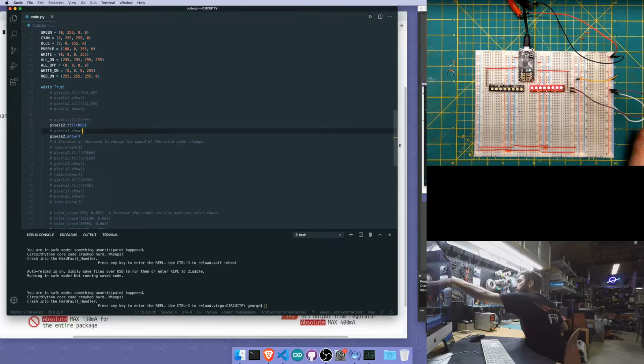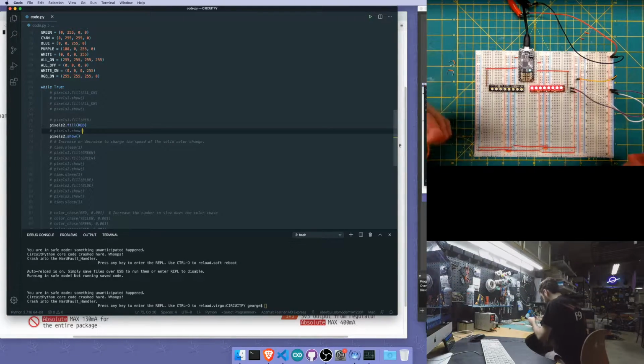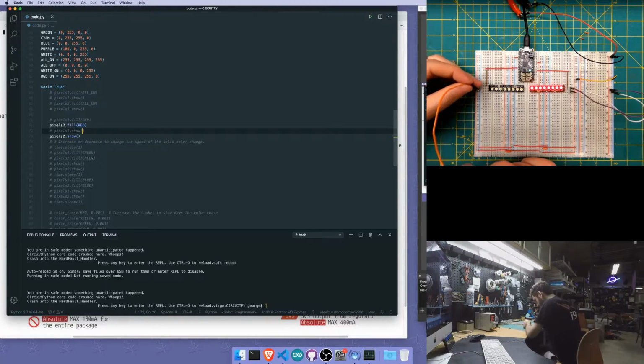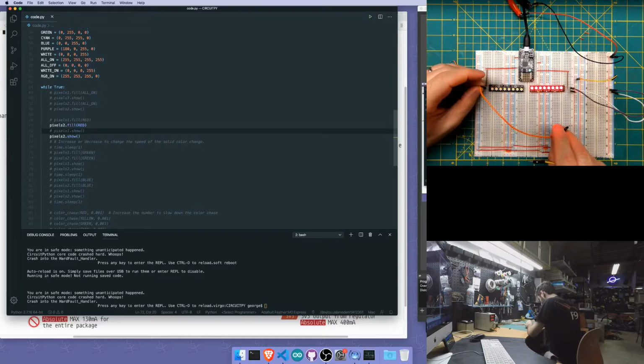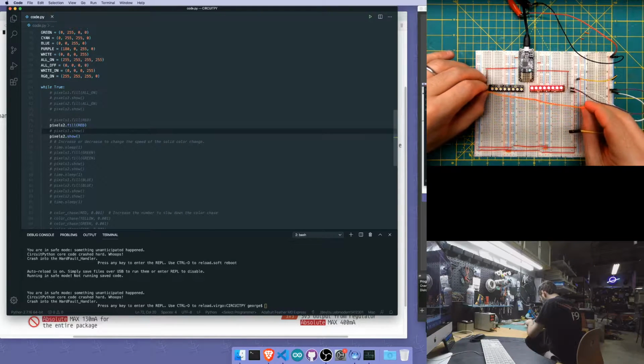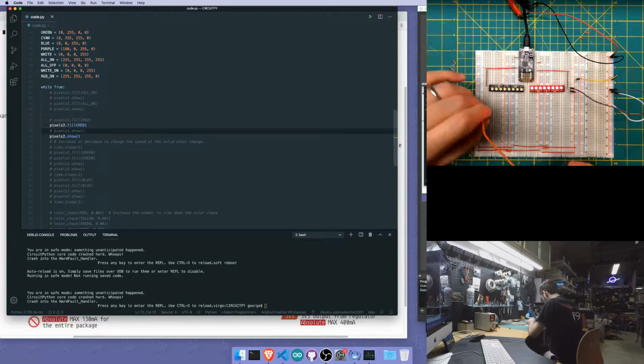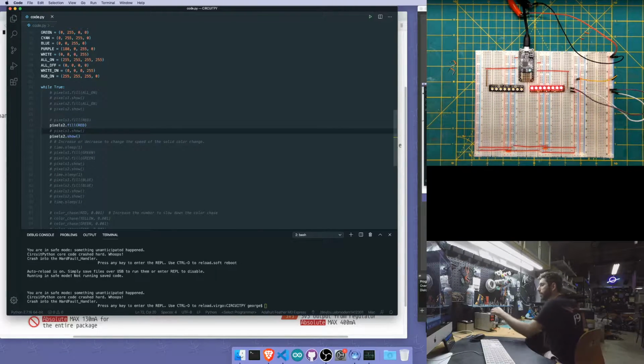I need some long ones. Okay, we should do. Nope. Okay, I guess I can make a secondary rail here.